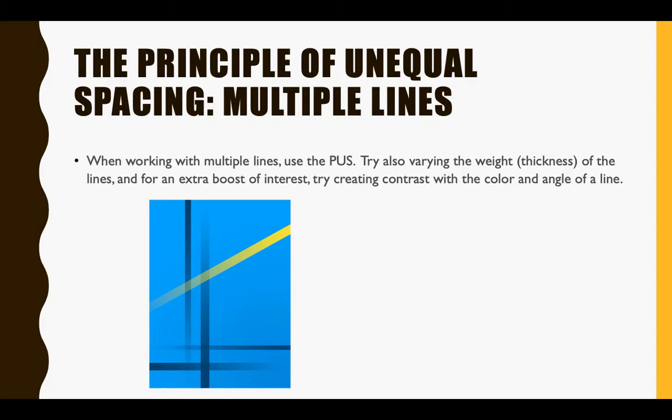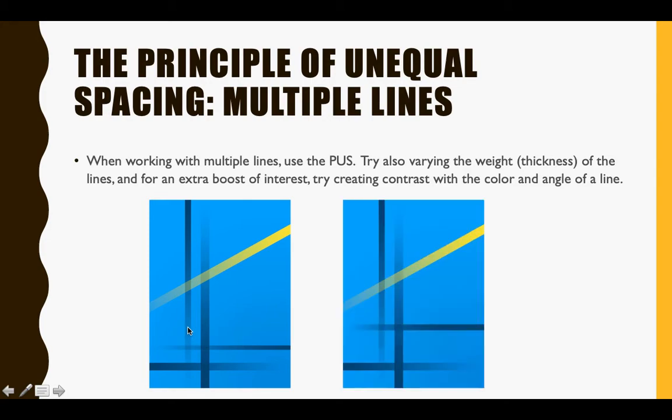And for an extra boost of interest, try creating contrast with the color or the angle of the line. So look at this design, right? and they're just straight lines. There's 5 of them. And now let's look at this design. Right? What do you find different about it? I'll let you think about it for about 10 seconds.